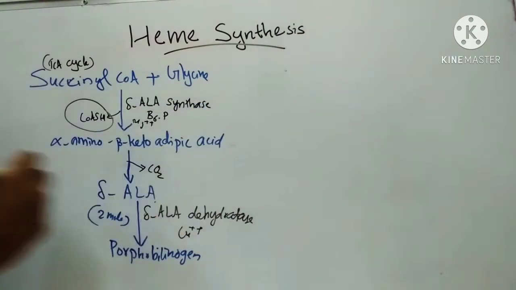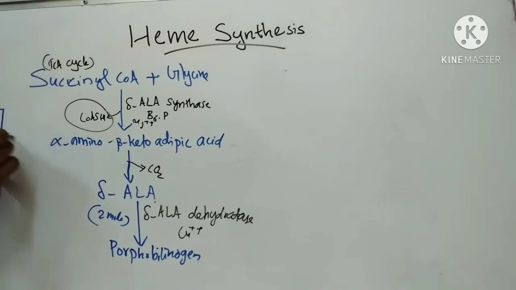The structure of uroporphyrinogen is, if these are the pyrrole rings, 1, 2, 3, 4 pyrrole rings. Here it is AP, AP.